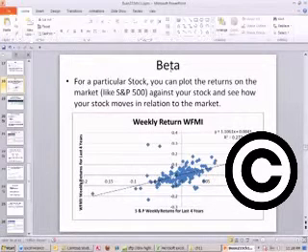Now, again, beta is a measure of the systematic risk for a particular stock. In a later video, we'll see how to calculate beta in another way. All it involves is picking a proxy for the market, and I'm going to pick S&P weekly returns for the last 4 years.